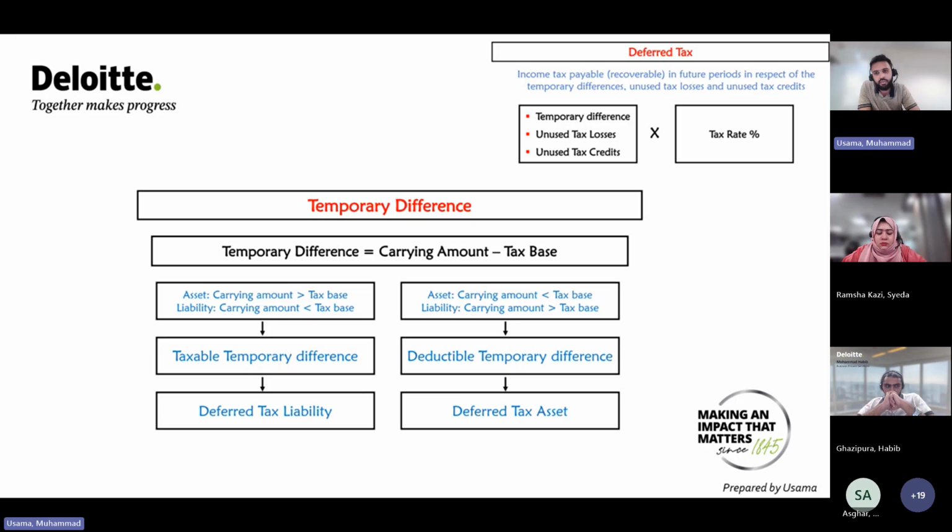The answer would be the same by both approaches, but in the accounting world, we usually follow the balance sheet approach more because the data is easier to get and compute, directly getting the carrying value from the accounting standard rather than the tax base, which is easier than the P&L approach. But the answer would be the same. Thank you.